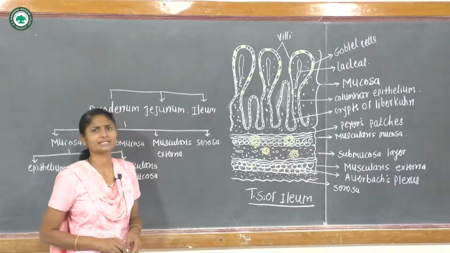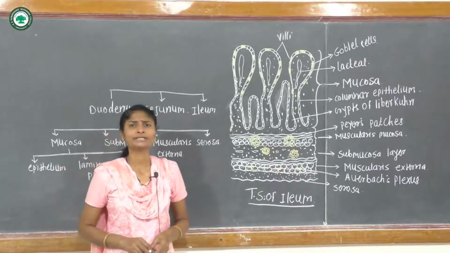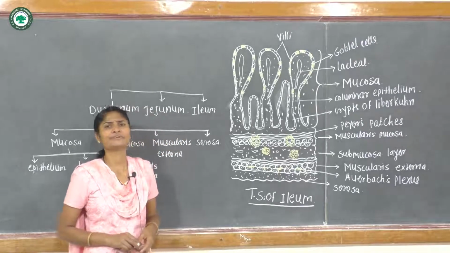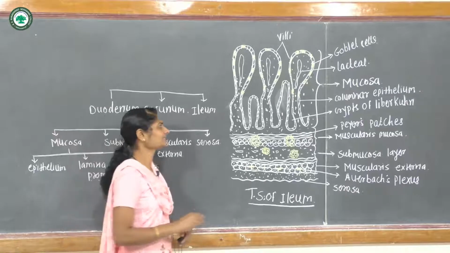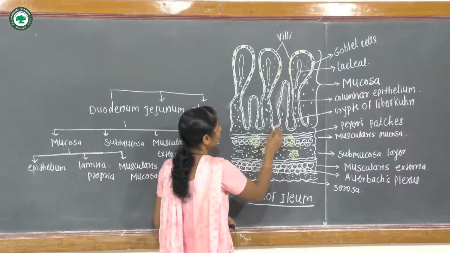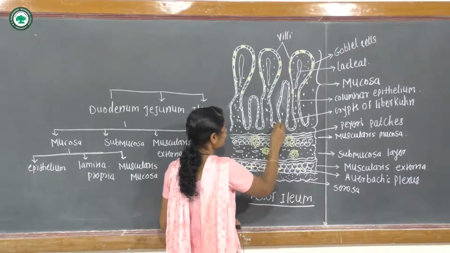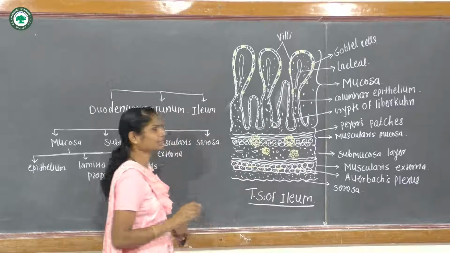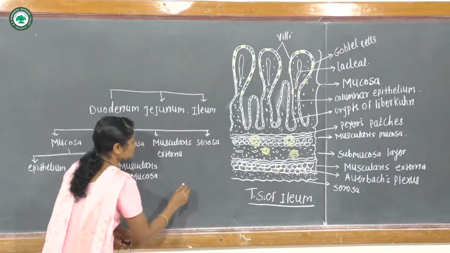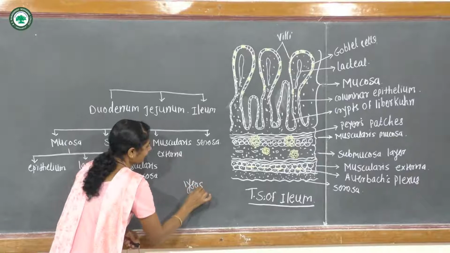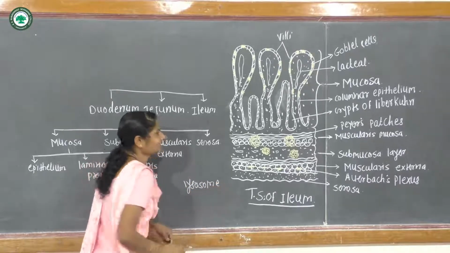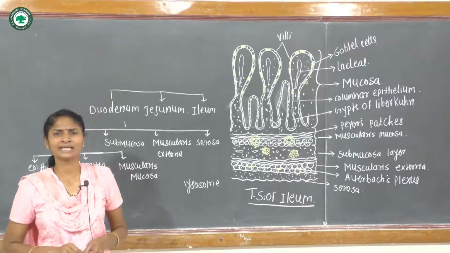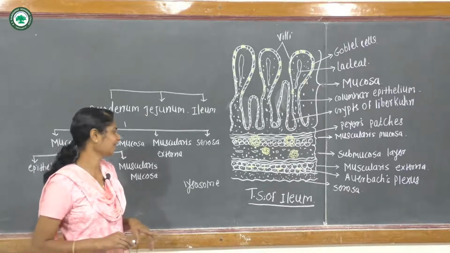These stem cells are also called totipotent cells. These cells give rise to different types of cells. In this basement region, Paneth cells are present. These Paneth cells are responsible for lysozyme secretion, and this lysozyme is an antibacterial agent, which kills the bacteria from the food material.